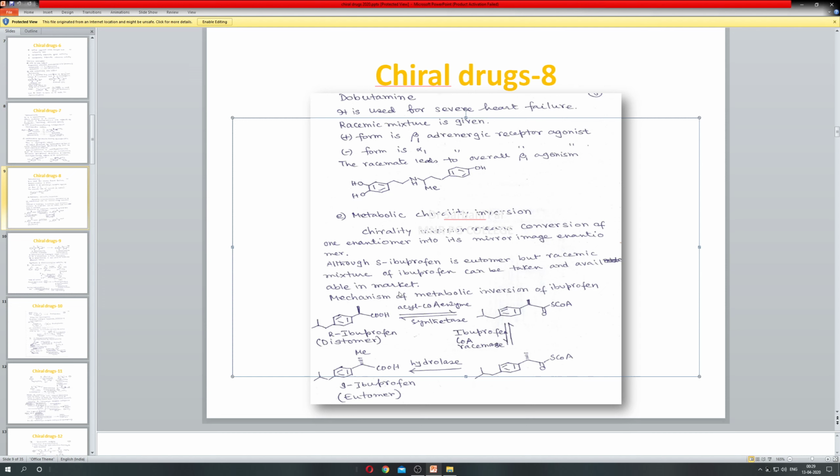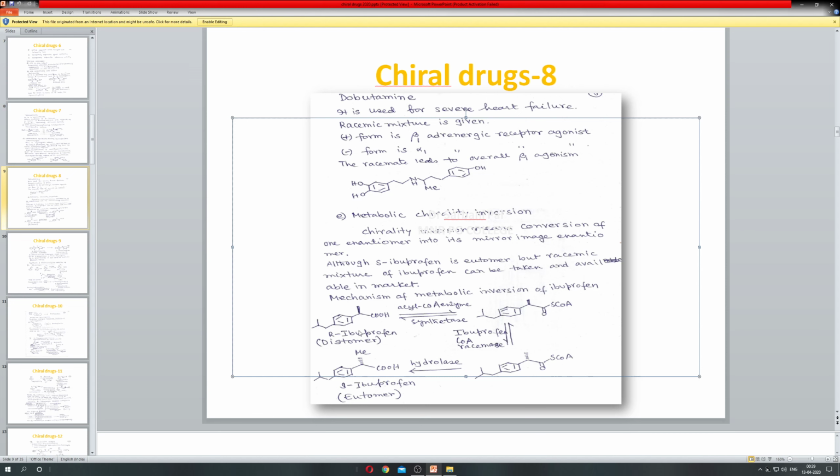So if we take the racemic mixture of ibuprofen, then the distomer inside our body will be converted into the eutomer. Let us see how the distomer, R ibuprofen, gets converted into the eutomer S ibuprofen.